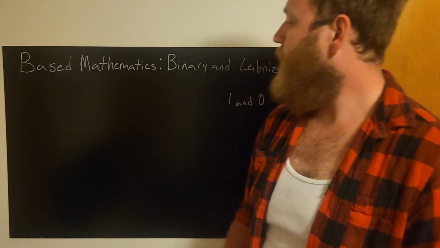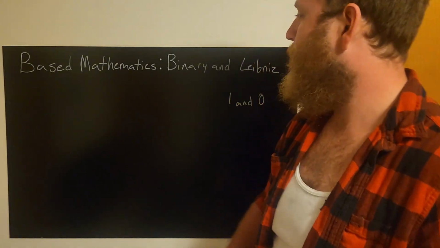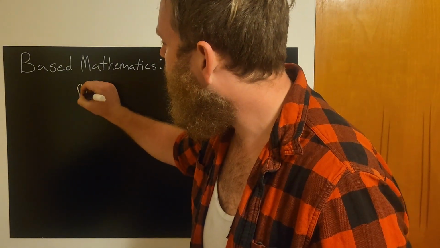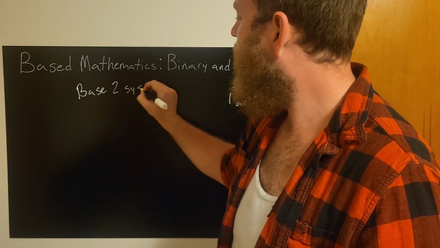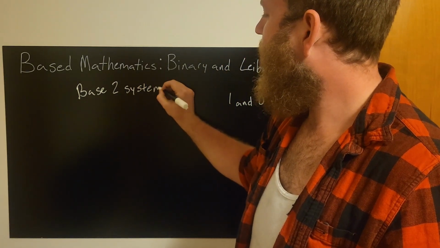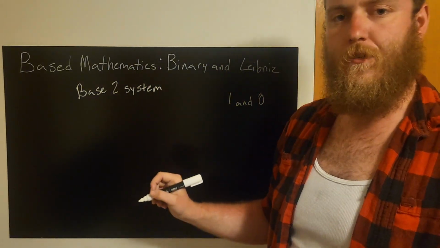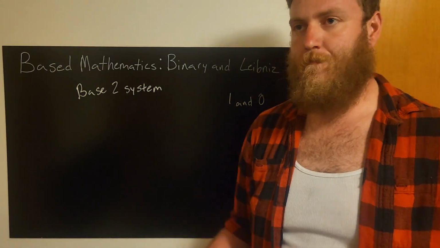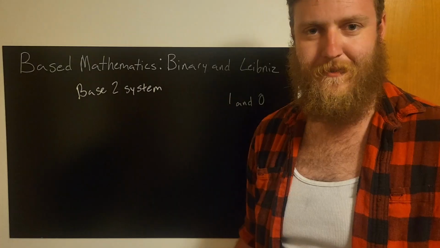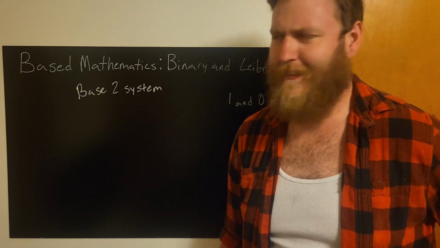But basically, if you don't know what binary is, it is a base 2 system, meaning that it only has 2 values associated with it, or 2 digits. It's got 1 and it's got 0. 1s are odds, basically, and 0s are evens, kind of, I think.